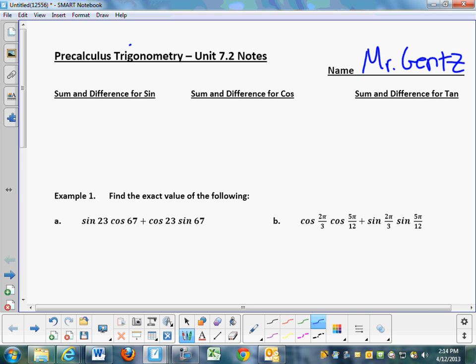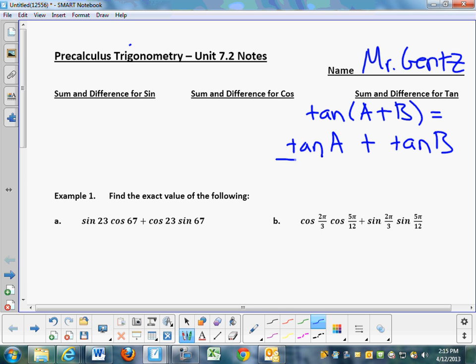Sum and difference formulas for tan. Here's what it looks like. If you have the tangent of A plus B, that's equal to the tangent of A plus the tangent of B divided by 1 minus the tangent of A times the tangent of B. If it's plus in the setup, then it's plus on top and minus on bottom.